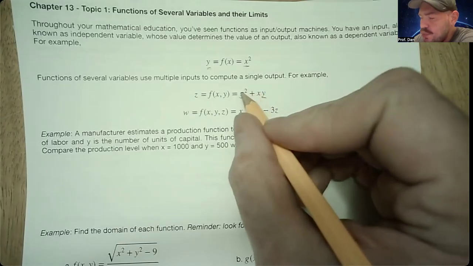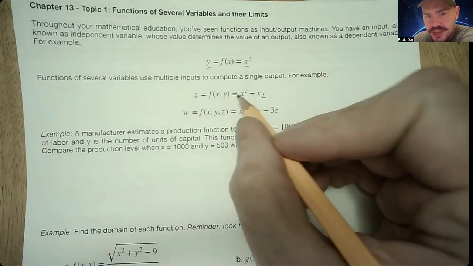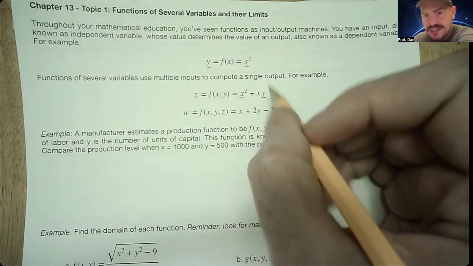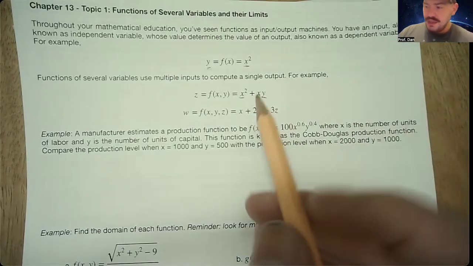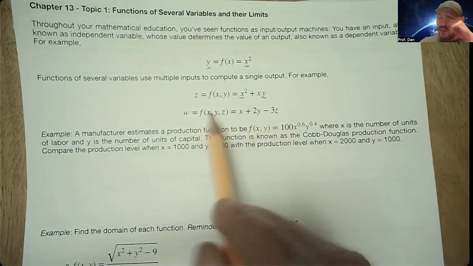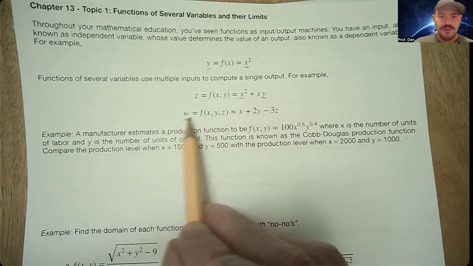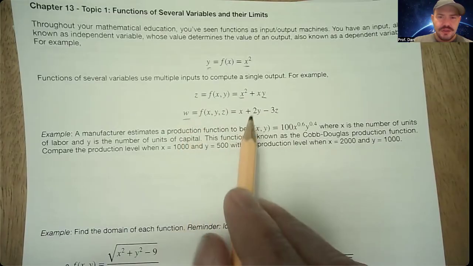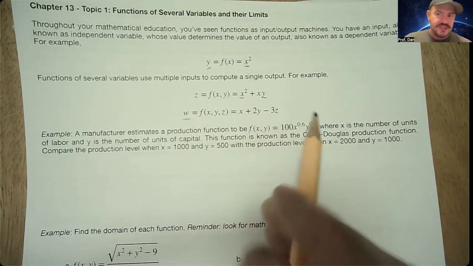Here, x and y are both independent variables, so they act like x in what you've learned before. If we move up to functions of three variables, there are four variables in the entire equation. We have one dependent variable, w, determined by three independent variables, x, y, and z.